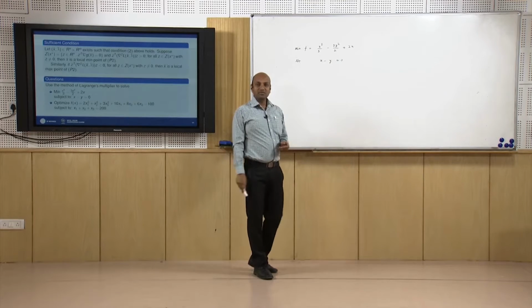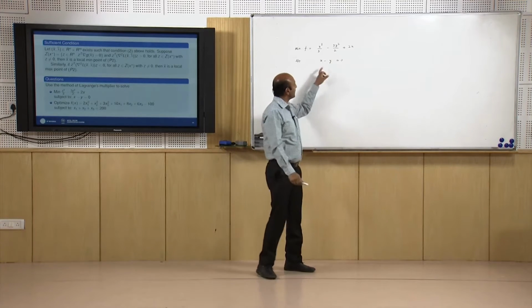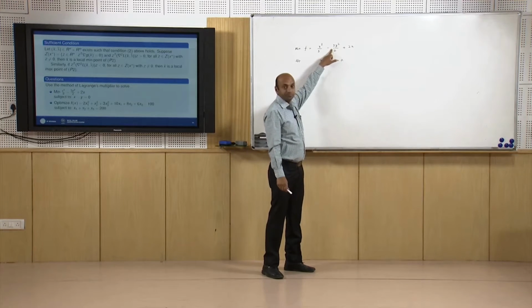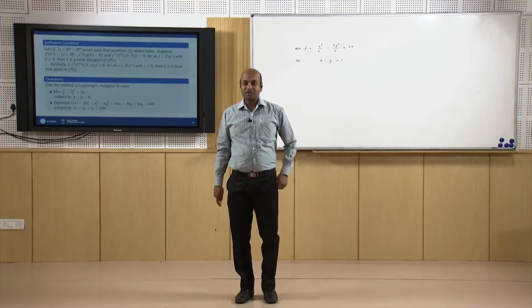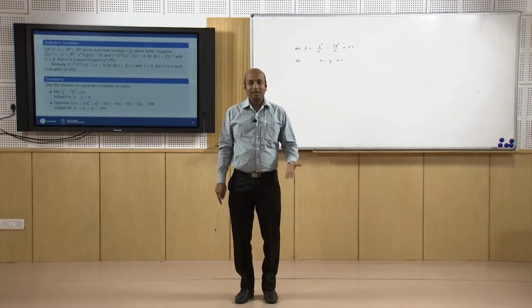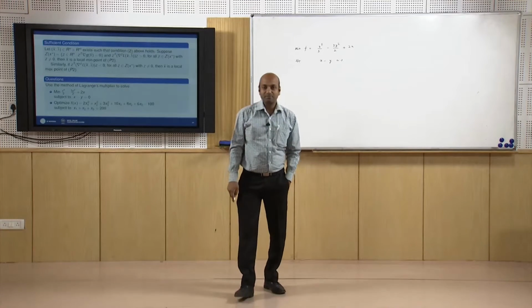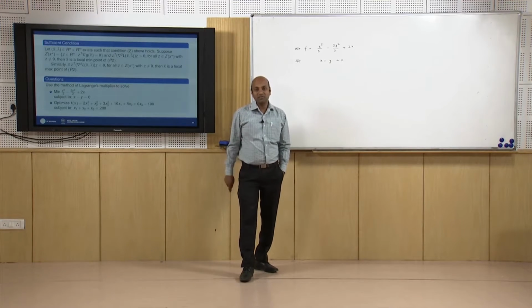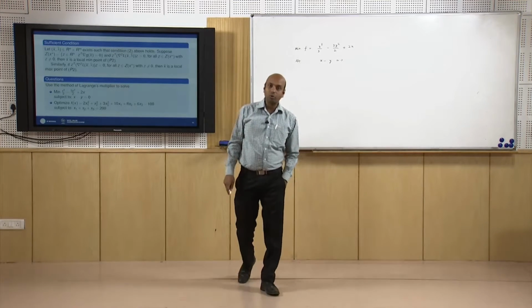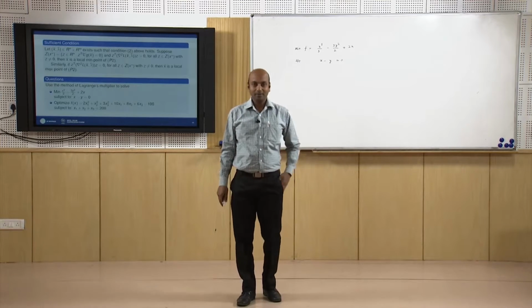One way out is very easy: you substitute x equal to y in this problem. It will become a one variable unconstrained optimization problem, and you can find the first derivative with respect to x, put it equal to 0, and then use the second derivative to see whether that point is a point of local maxima or local minima.